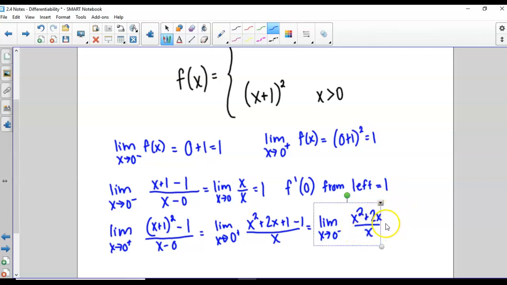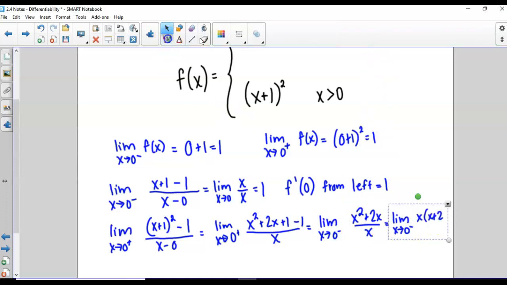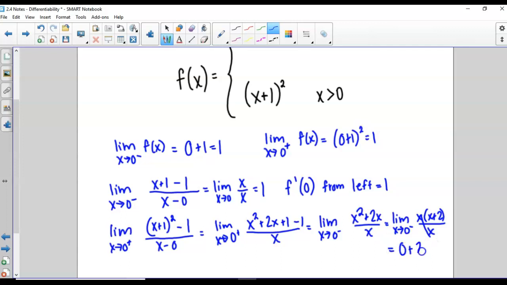And you could factor an x out of that numerator, so you'd have x times x plus 2 all over x. These would cancel, and you would get 0 plus 2, which is going to equal 2.